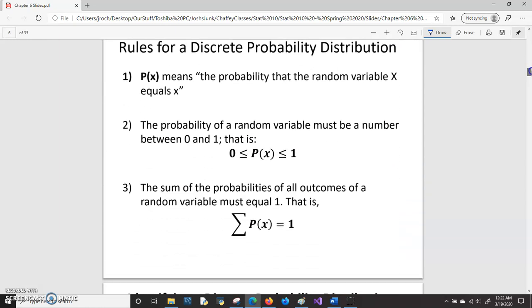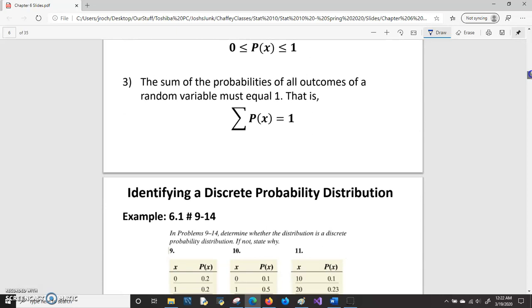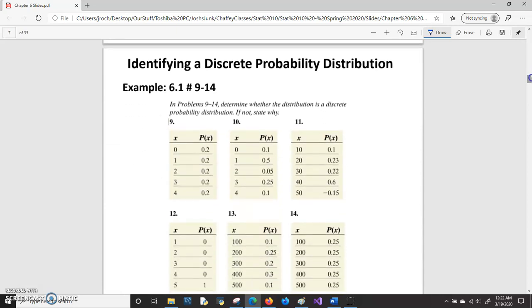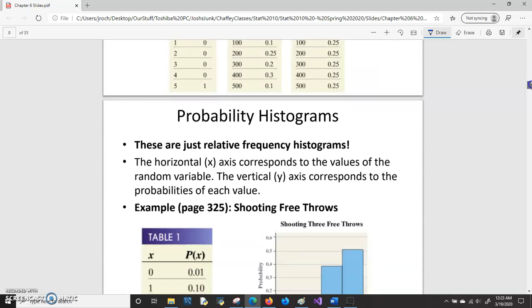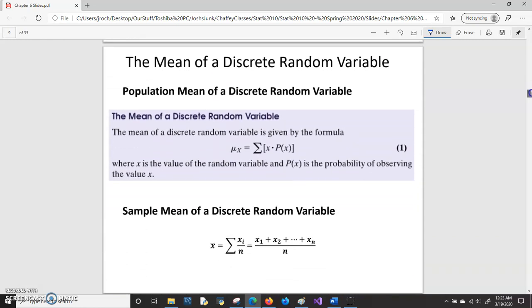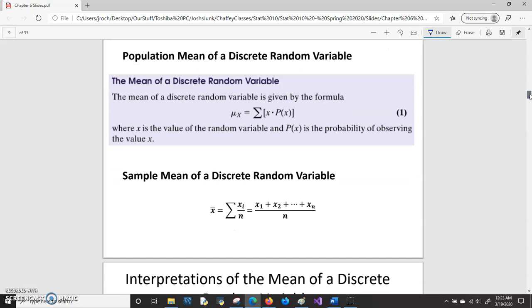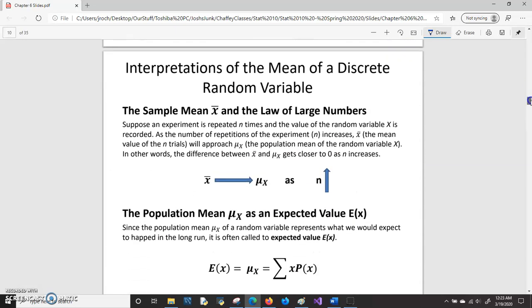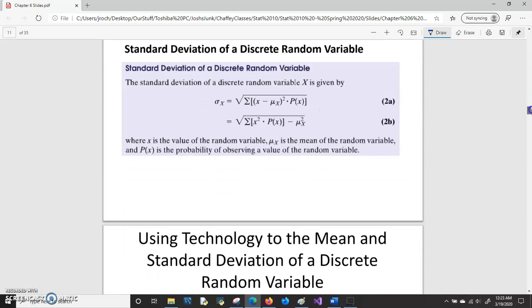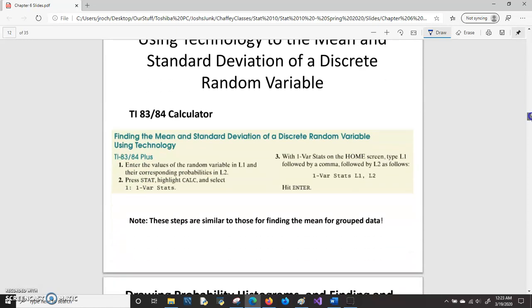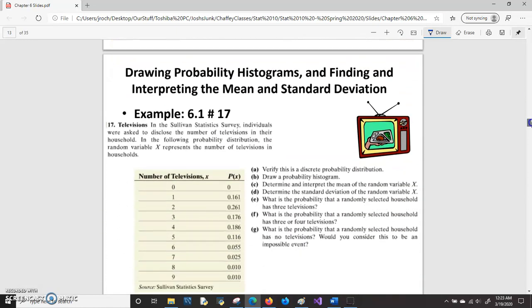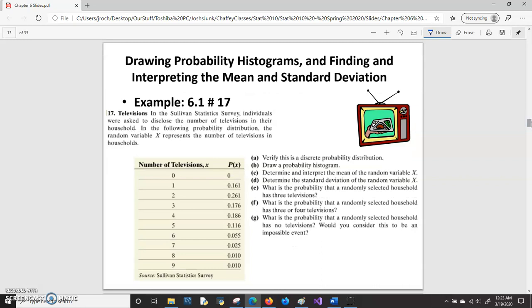So the slides go into quite a bit of detail, and it's good background, but I'm going to jump to some examples. There are some formulas which I'll talk about in the examples. I'm going to skip over those for now. And we'll go to the first example, 6.1, number 17.